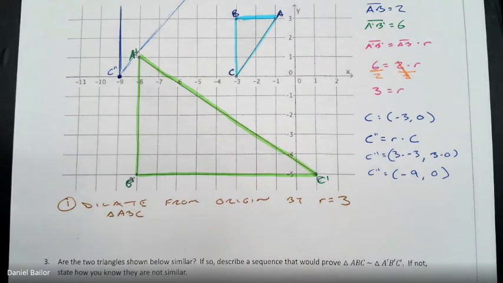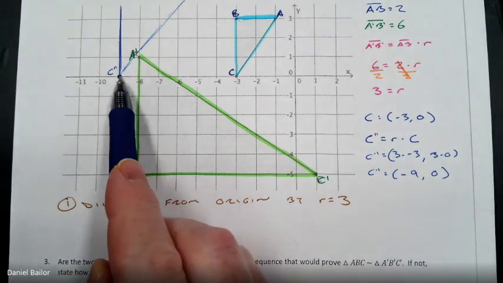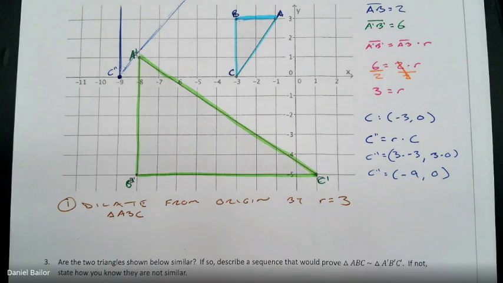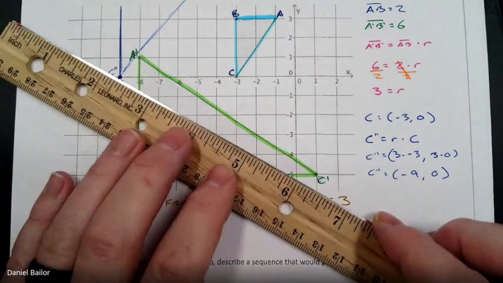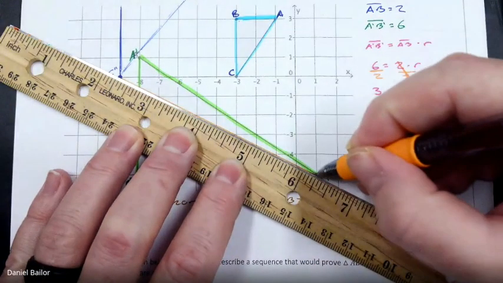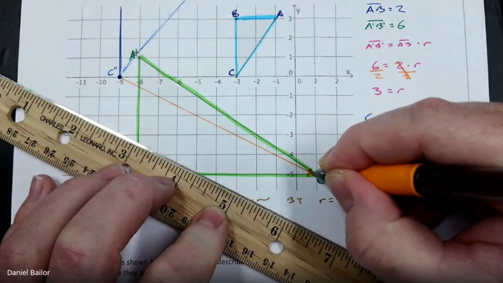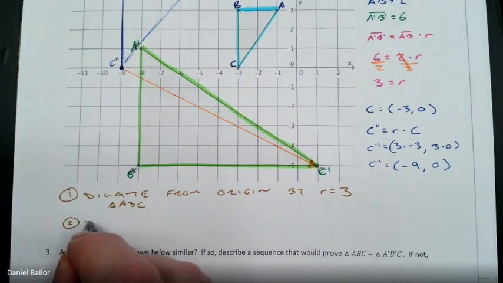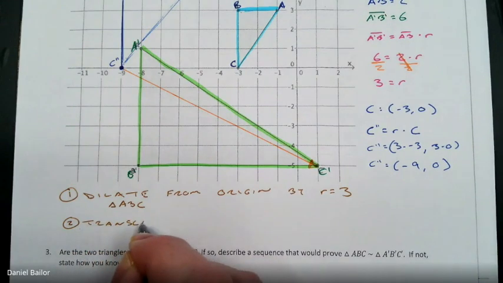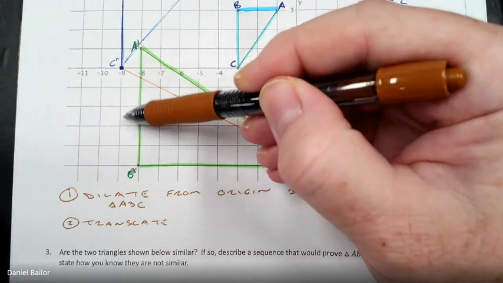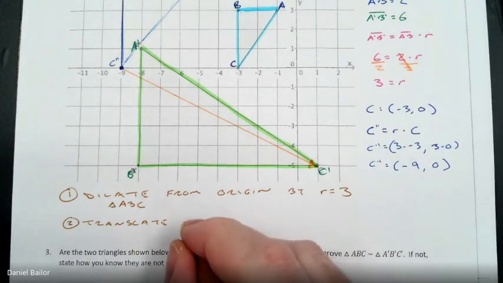Now we need to line it up with the green triangle. Let's just line up the C prime prime and move the C over here. To do that, we're going to need to slide, so let's draw our vector. And there's the vector. What did our vector do? So step 2, we're going to translate. The vector goes down 1, 2, 3, 4, 5 units down.